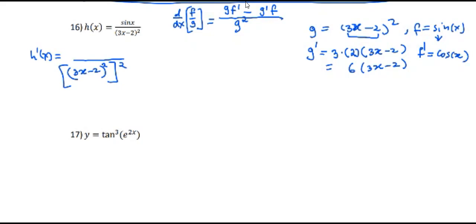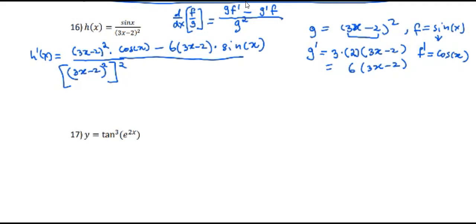G is 3x minus 2 squared. And then we take that and multiply by f prime, which is cosine of x. And from that, we subtract g prime. So g prime is 6 times 3x minus 2, and we take g prime and multiply it by f. And f, we said, is sine of x.